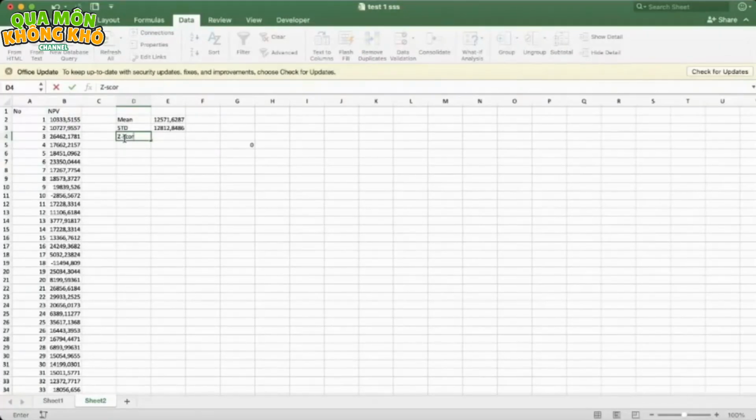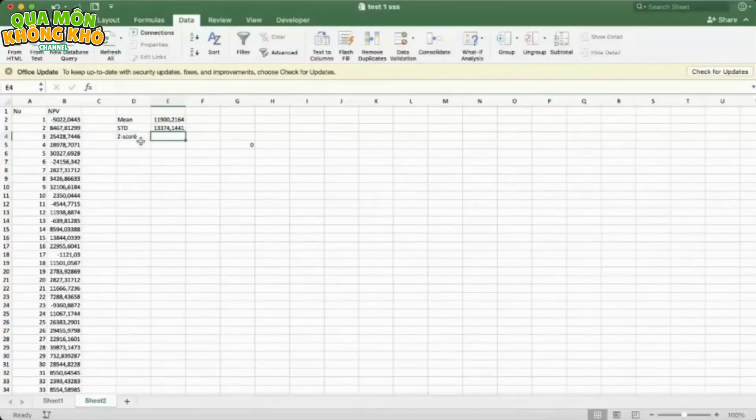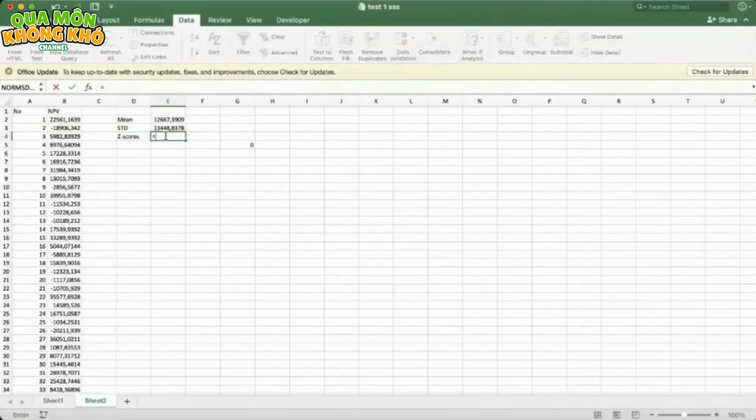The z-score here, we will assume that the NBV is 0. So we will take this minus the mean.